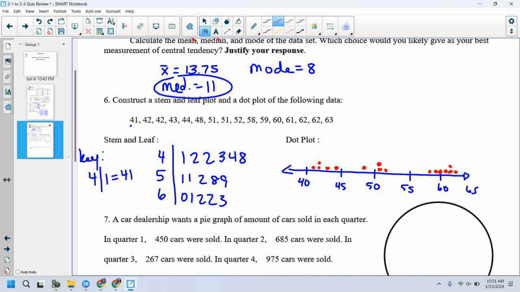Pretty simple, right? Okay. Any questions on 6?